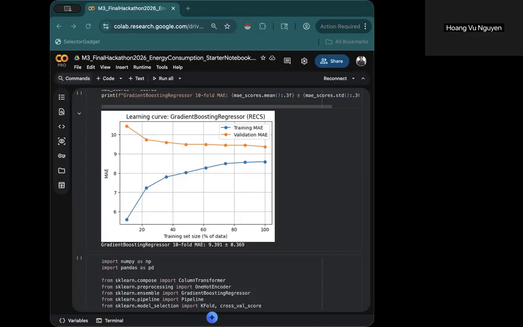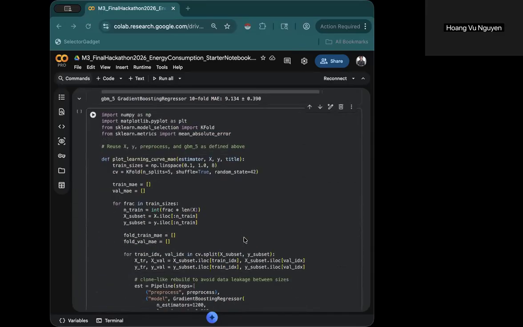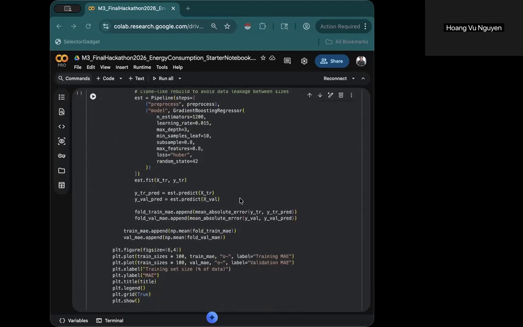I also experimented with XGBoost and simple ensemble averaging. While these models performed competitively, the tuned gradient boosting model with subsampling and Huber loss gave me the most stable validation performance, reducing the MAE to 9.134, and in the Kaggle MAE as well.